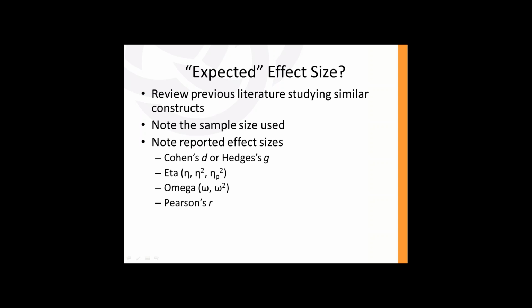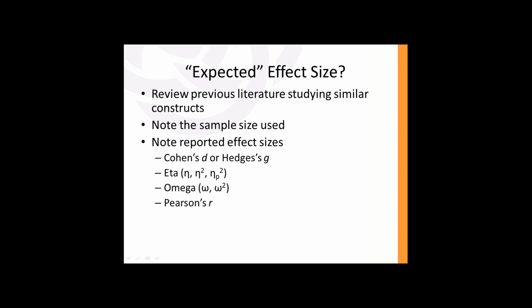Eta, or eta squared, you see it looks like this lowercase n, and partial eta, that's what this little p stands for, is partial. These are where if you're doing a comparison of multiple groups, not just two groups, that's what the effect size would be. Omega is used in other kinds of studies as well. It looks like a w. And then you've got Pearson's r.